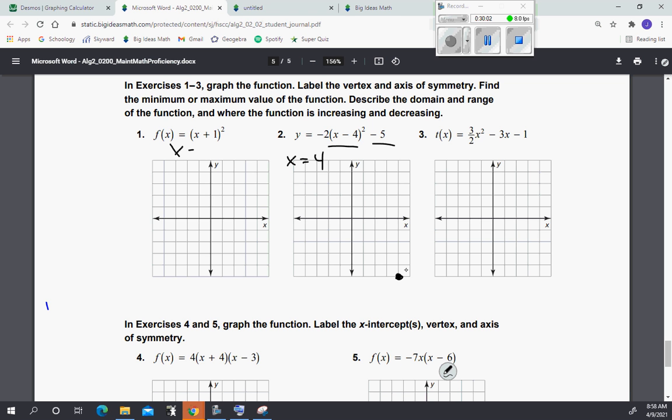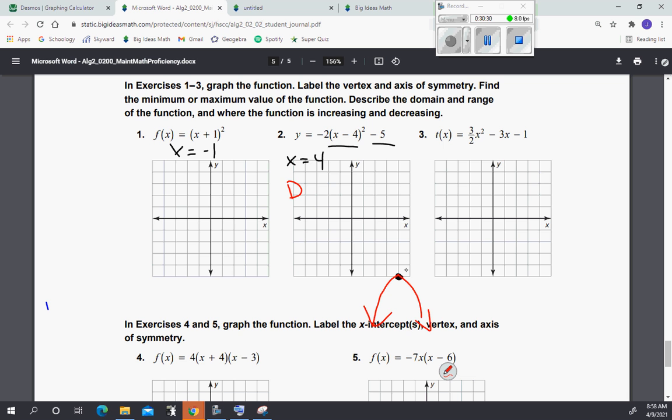Sorry, this was x equals -1. Now we have -2 in front. We don't have any room, but our graph's going to go down here. Okay, if it's on your homework, I do want you to graph those points. Right now, we're kind of making this video a lot longer than it needs to be. So right now, I'm just going to skip ahead. I'm just going to talk about domain and range.